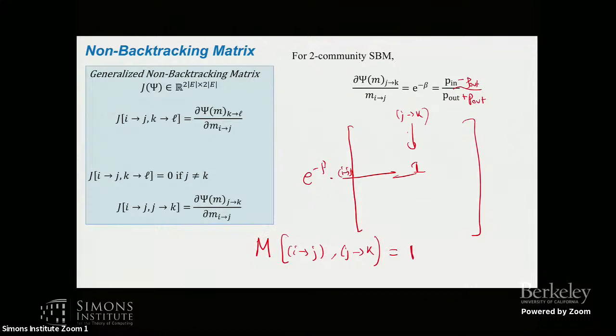Okay, that's the matrix, and that's a non-backtracking walk matrix. And the spectrum of this non-backtracking walk matrix, it turns out, is a distinguisher between planted and random, and that's the part which requires a proof.